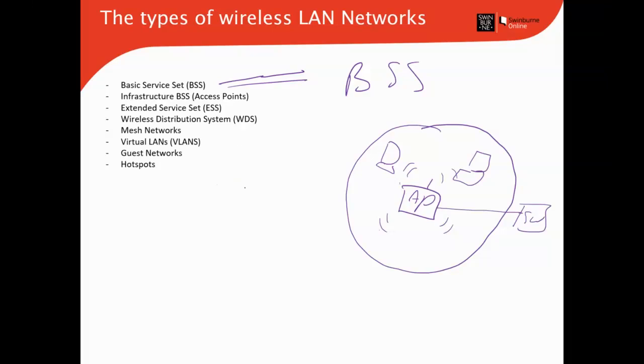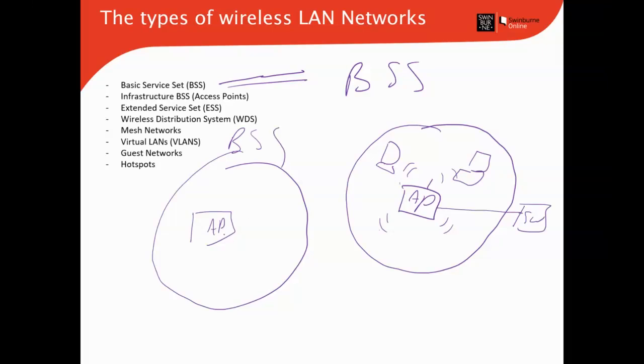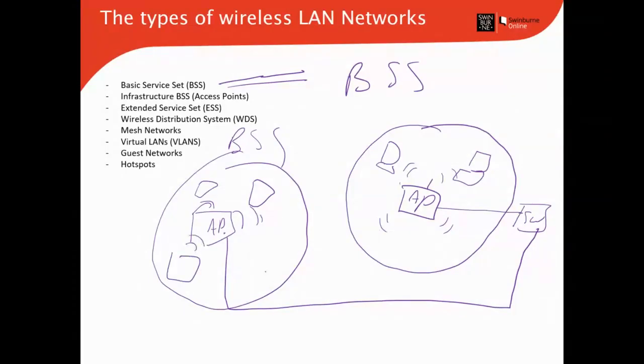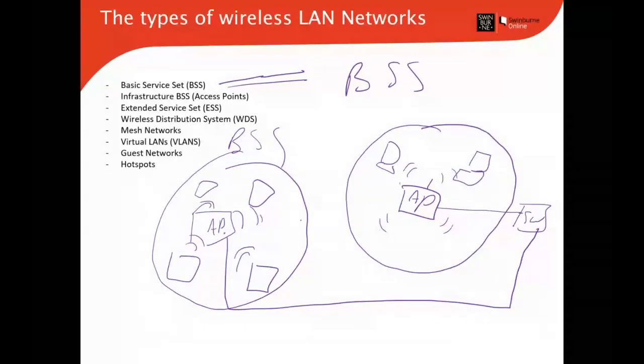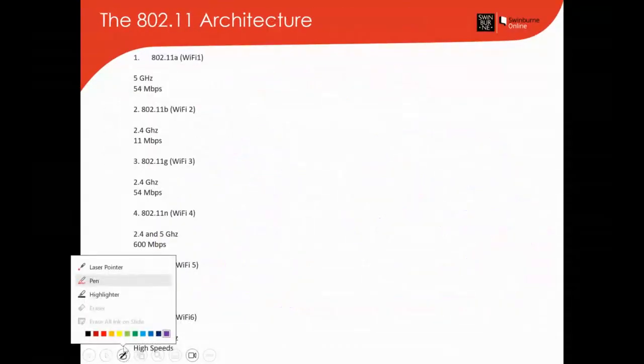Now, to make this even wider, you can get another access point with another basic service set connected to the same switch, and we have our devices connecting to the access point. And then guess what happens?